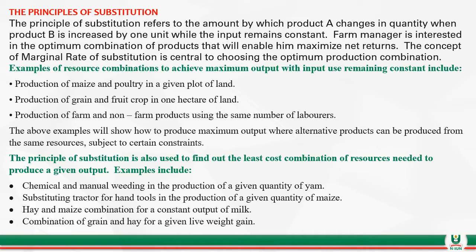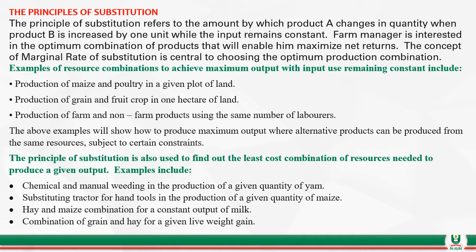The major objective behind the principle of substitution is either to maximize output or minimize the cost of production. So for this, the farm manager needs to decide upon the best possible resource combination to achieve maximum output at a given cost, or to minimize the cost of producing a given output. That is what the farm managers can do.